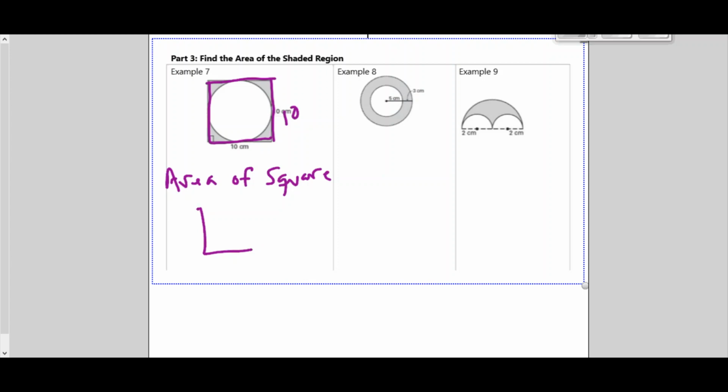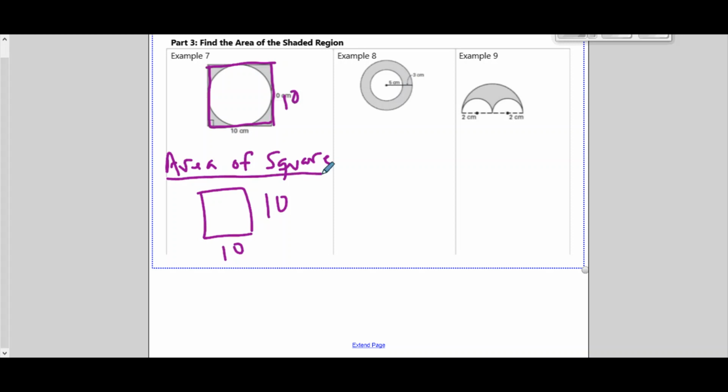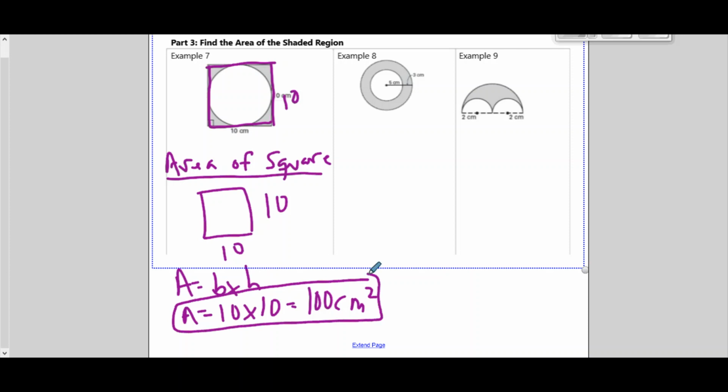So here's our square, it is 10 by 10. So let's do that first. So area there is base times height. So it's 10 times 10, which is 100. And this is centimeters squared. So that's the area of the square.